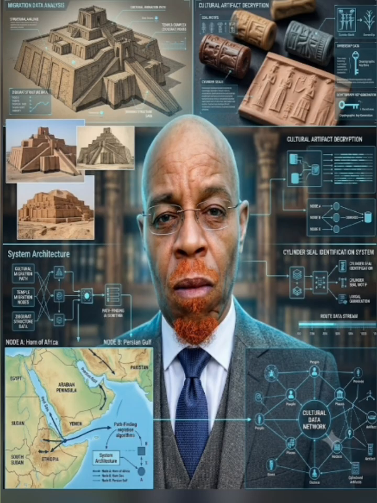These aren't just artifacts, they are system exports. When we see these complex systems of law, agriculture, and engineering appearing fully formed at the dawn of Sumer, it proves the isolate theory is a failure.